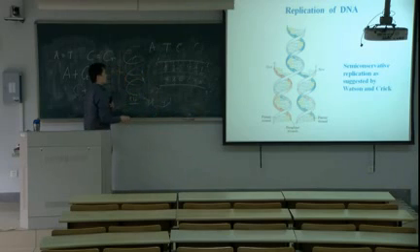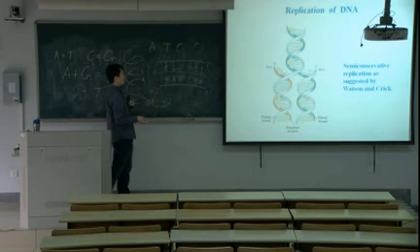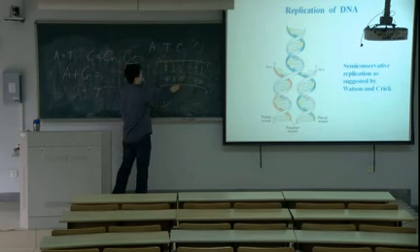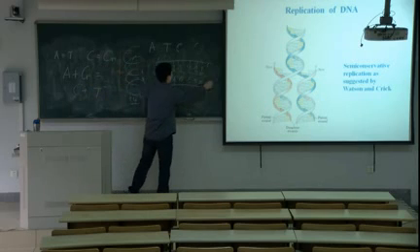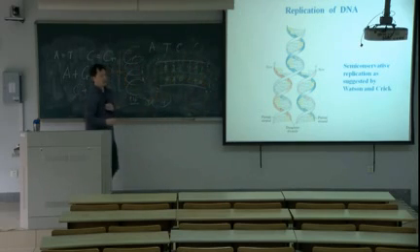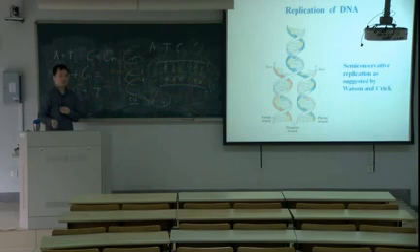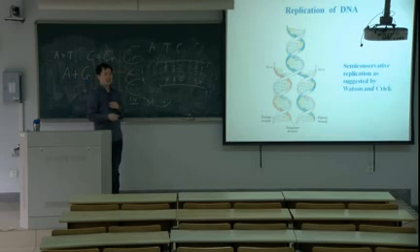And as you can see, now basically from the old DNA you generated two new DNAs. Okay, now you have two new DNAs. The DNA can use base pairing, it can copy itself and form a new DNA molecule.